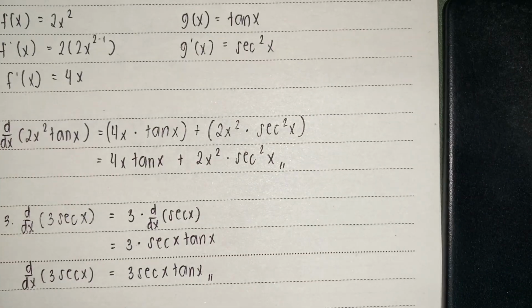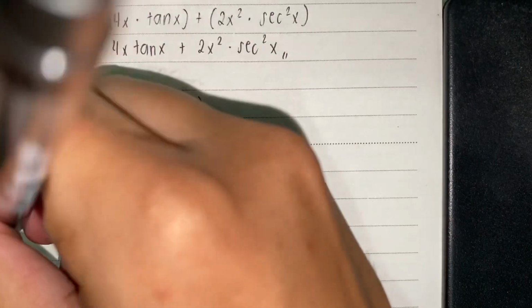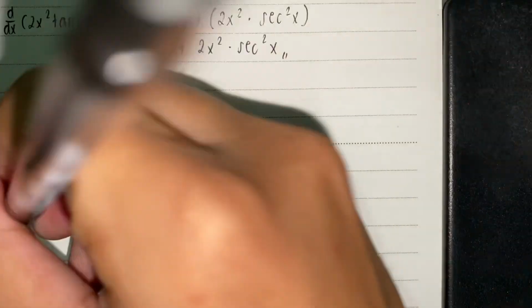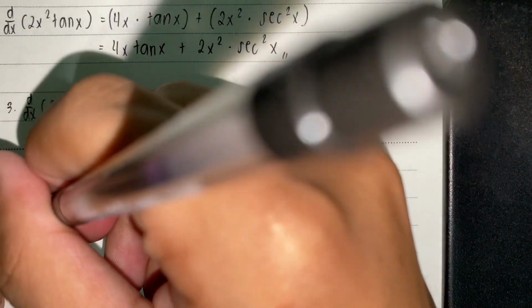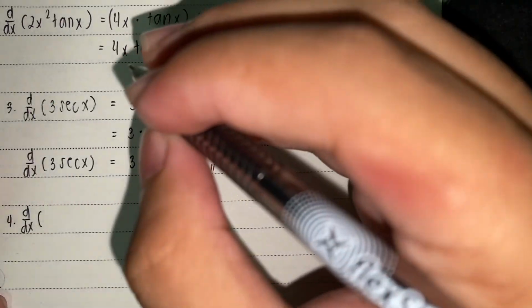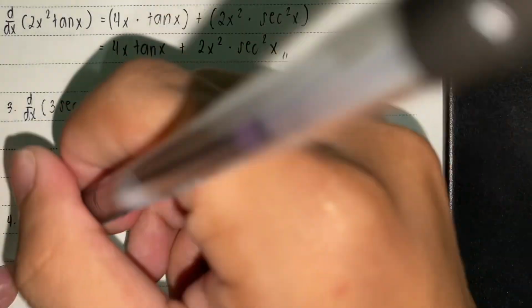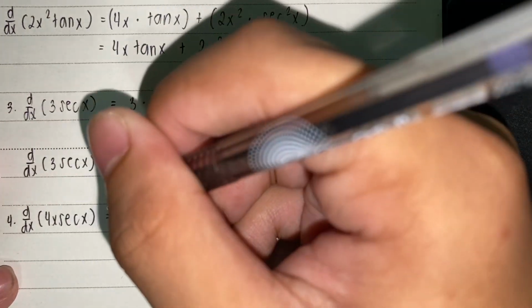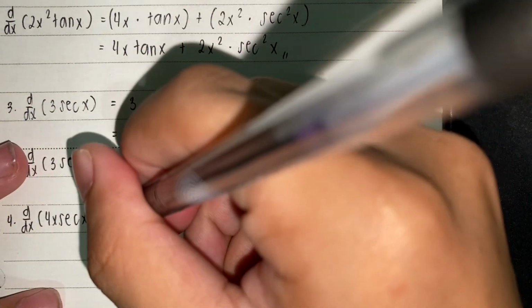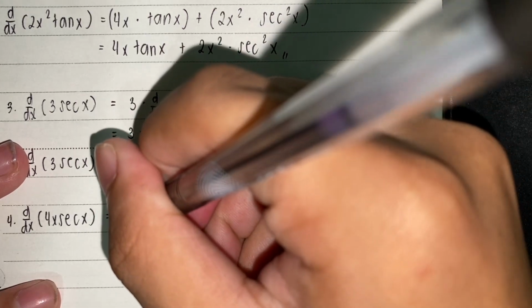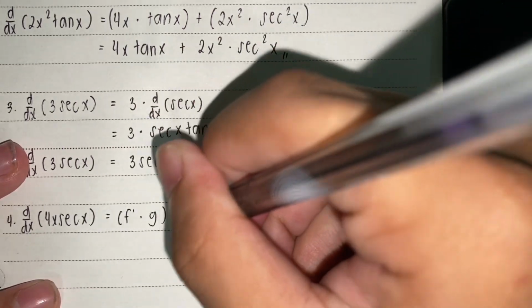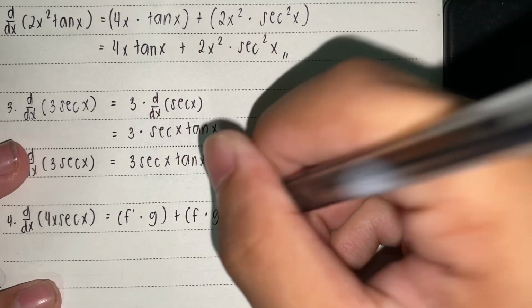Let's try another one, a little bit harder. Let's use 4x times secant x. Again, we're going to use the product rule, which states that f prime times g plus f times g prime.